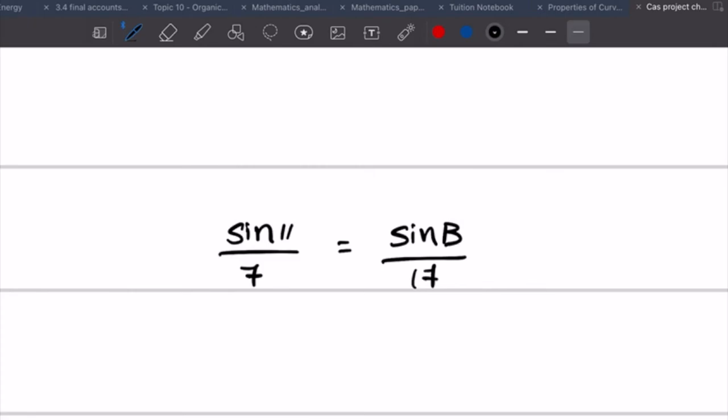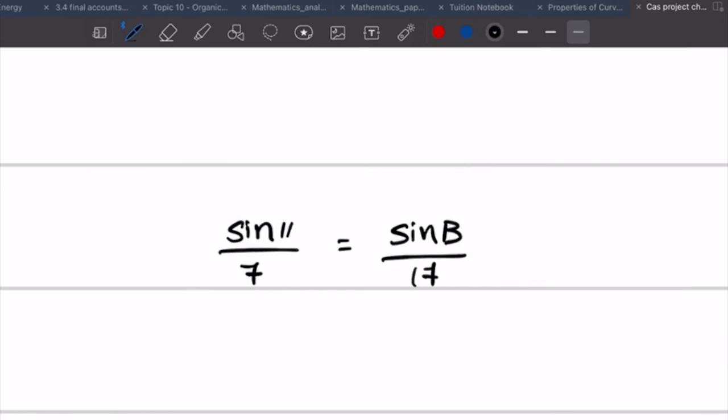These are usually the kinds of questions you'll see for the sine law or sine rule: you're given two sides and one angle, or two angles and one side.